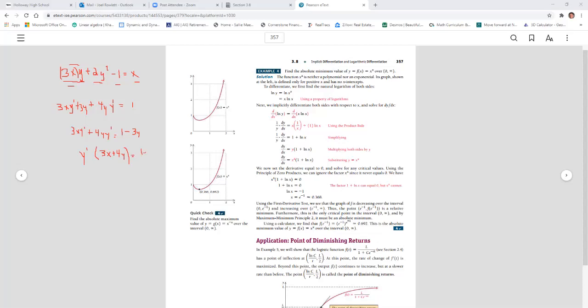All I did was factor out the y prime. Now to get y prime by itself, that leaves me 1 minus 3y over 3x plus 4y. So you tell me the x and y value, and I will tell you the derivative at the point (x, y). So this is dy over dx.